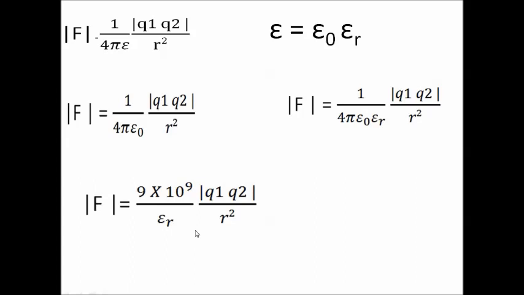So while doing problems, if the two charges were present in any other medium apart from air, you can use this relation. Epsilon r of mediums will be provided while doing problems. So you need to simply substitute the value of epsilon r for the particular medium. Now we can do a comparison between magnitude of force in air with the magnitude of force in any other medium.